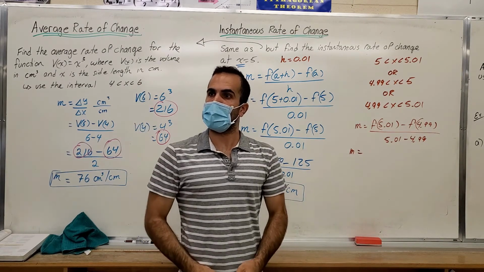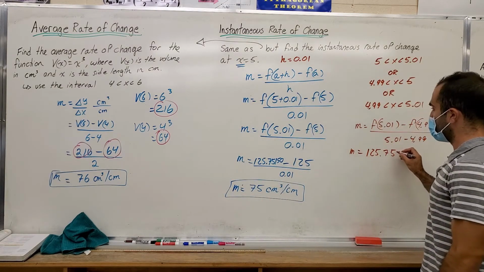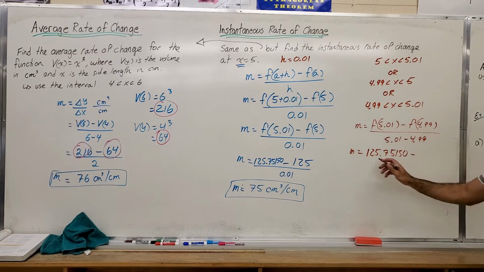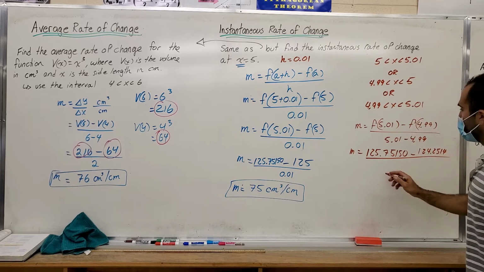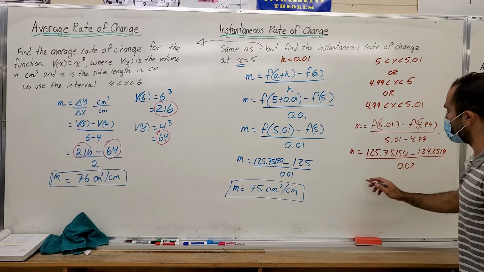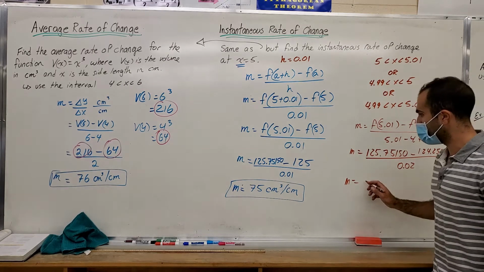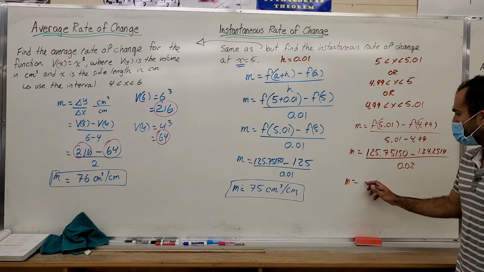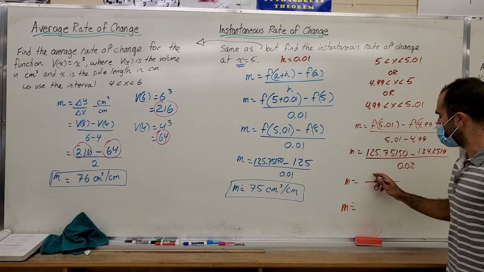You got me? 5.01 cubed? We already have it. 125, do the other one while I'm writing. 4.99 cubed. 124.251499. Okay, and this is going to be divided by 0.02. The quickest way to do this is 5.01 cubed minus 4.99 cubed equals done. 75.0001.